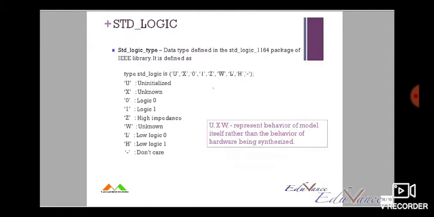The most commonly used is the STD_LOGIC, or standard underscore logic. It is defined as a part of the std_logic_1164 package. Remember, in my previous lecture, I said that we could define our own package with our own data types.